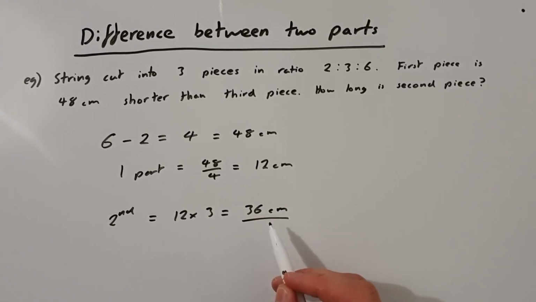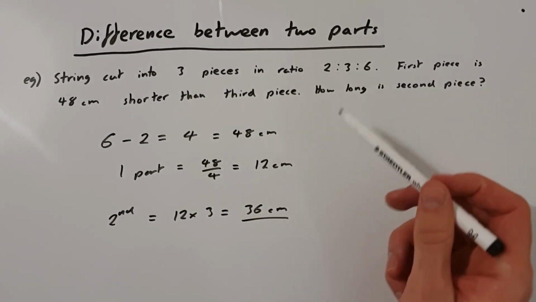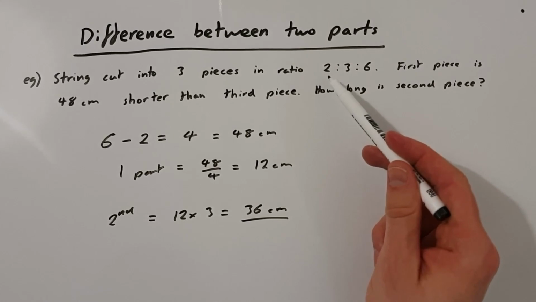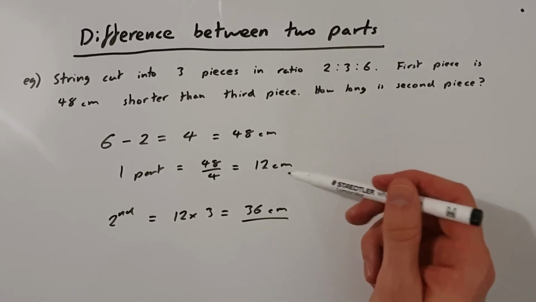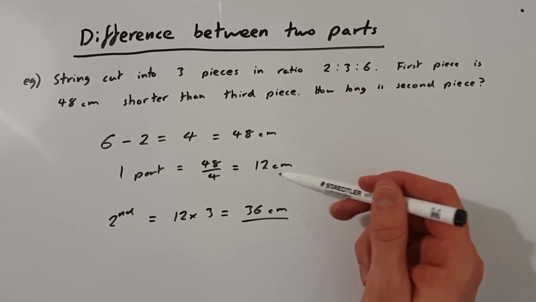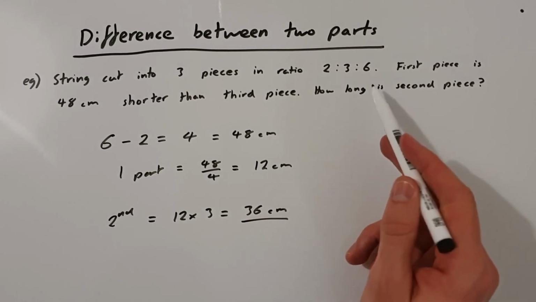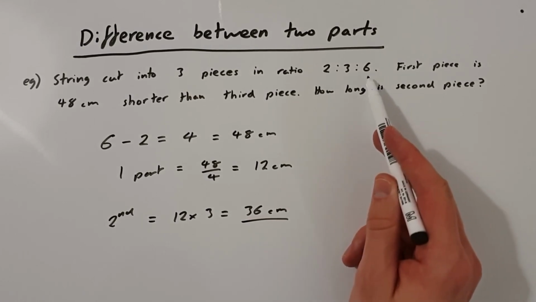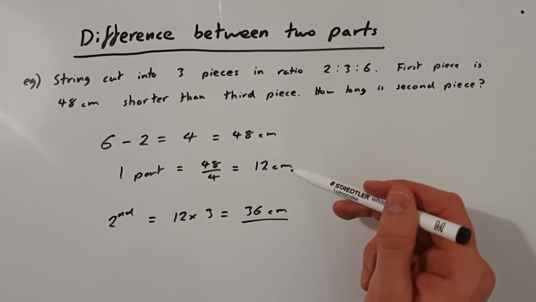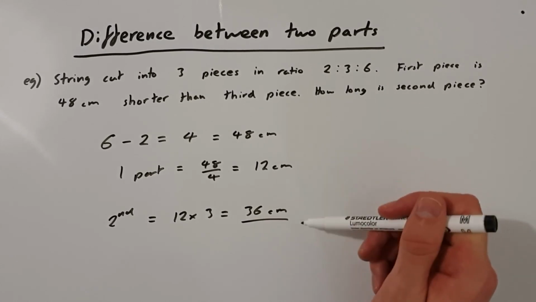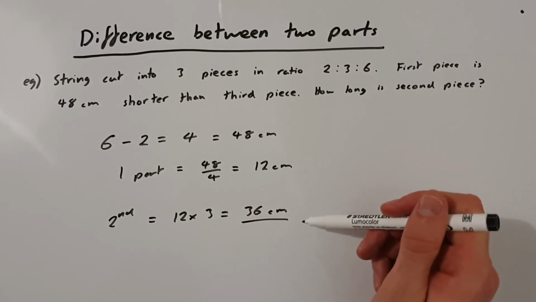If we wanted to work out the lengths of the other parts, we can do that as well. The first part is 2 parts worth, so that'd be 12 times 2, which is 24 centimeters. And the third part is the longest bit, because that makes up 6 parts of our ratio. So 6 times 12 is 72 centimeters, and that'll be the exact length of that part as well.